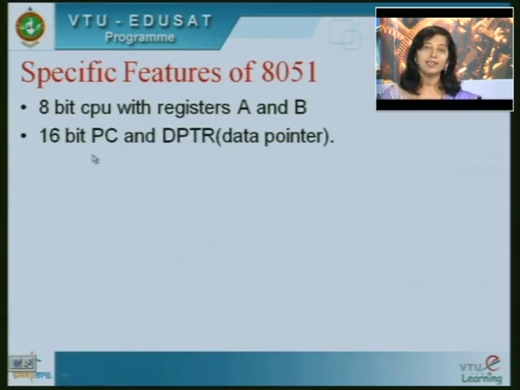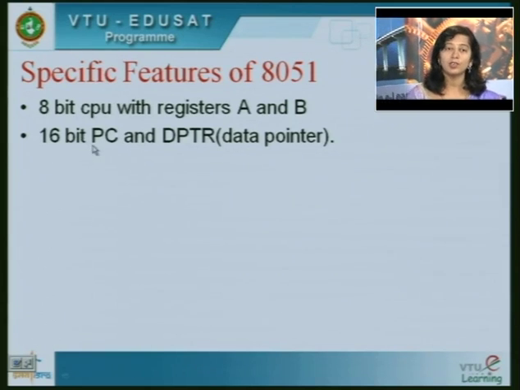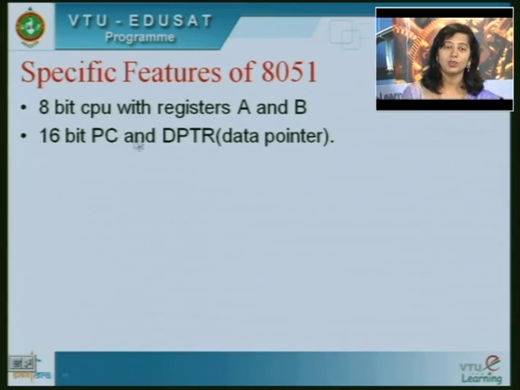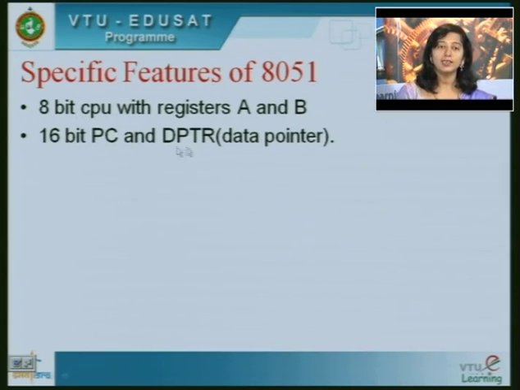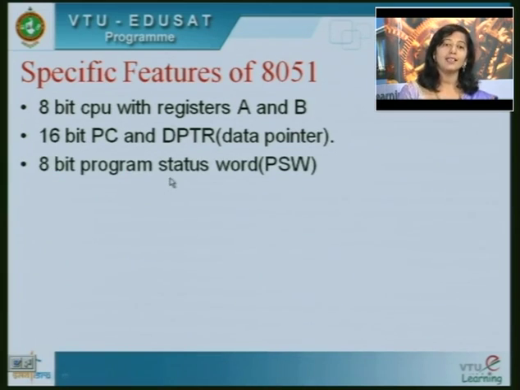Then it has a 16-bit program counter, PC stands for program counter, and the data pointer. So, two 16-bit pointers, program counter as well as data pointer. Then it has an 8-bit program status word. It's called a flag register. Program status word is nothing but an 8-bit register which stores different flags.